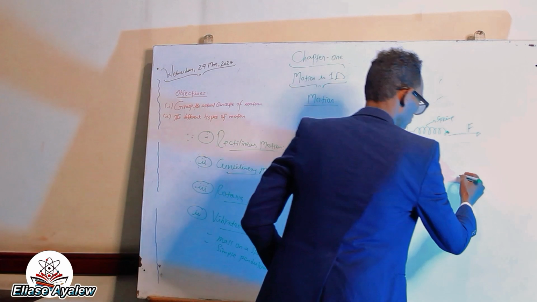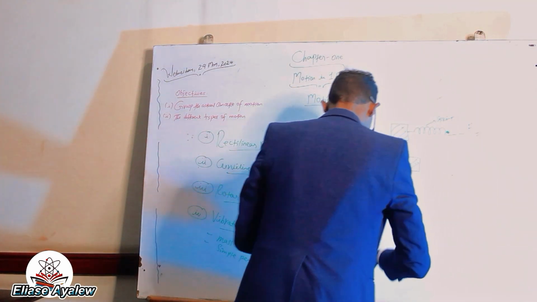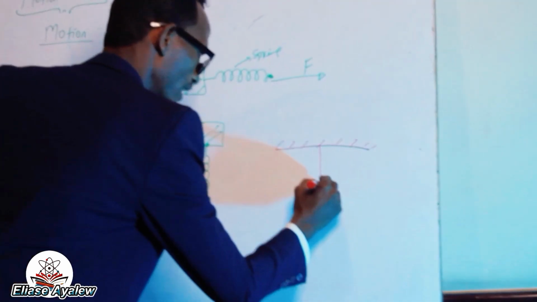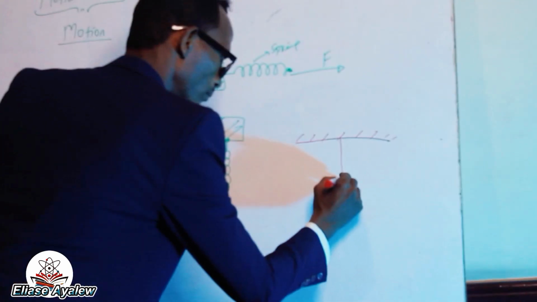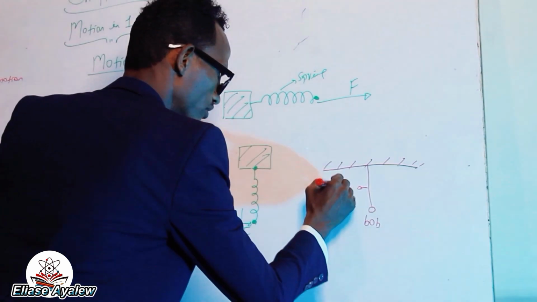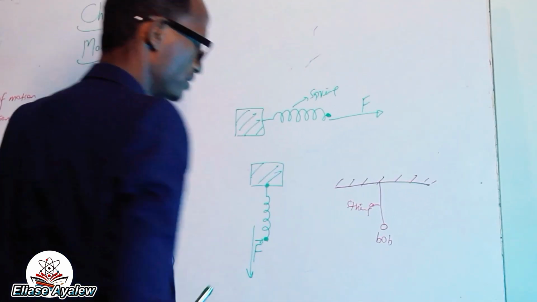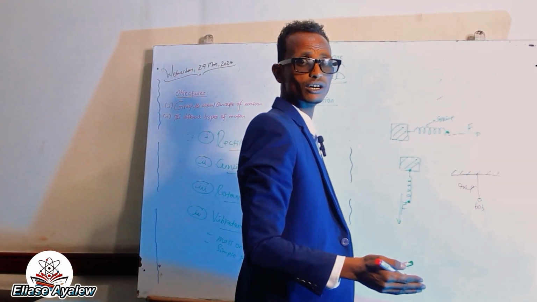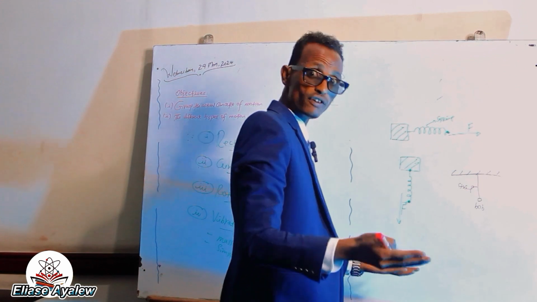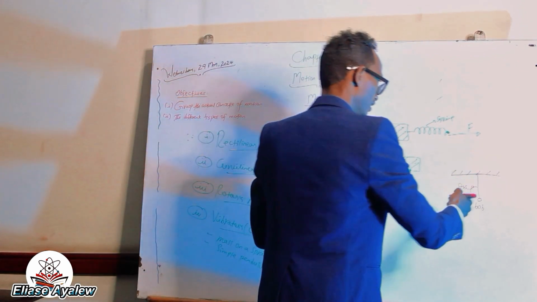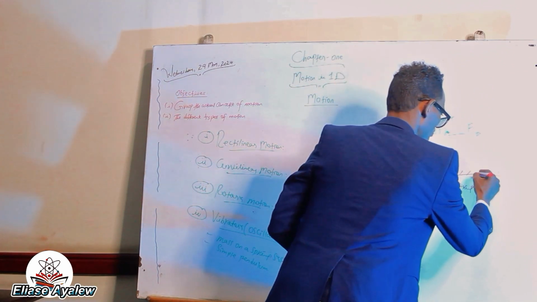Because, look at this one. Here we have a pivot. And here we have a small ball, which is the bob. And this is the string. The bob is connected to the string. If you want to make it oscillate, we have to displace the bob to the left or to the right by a certain distance.